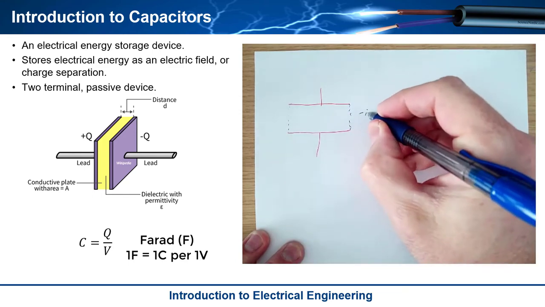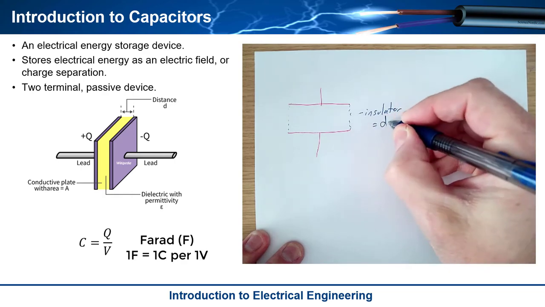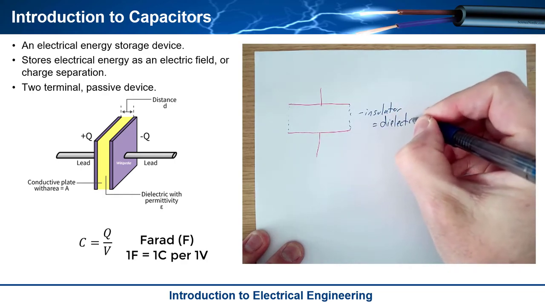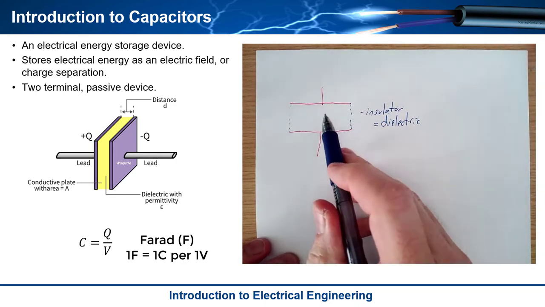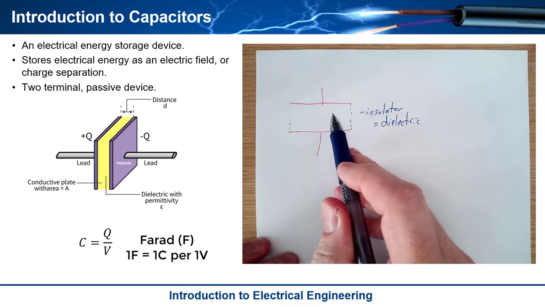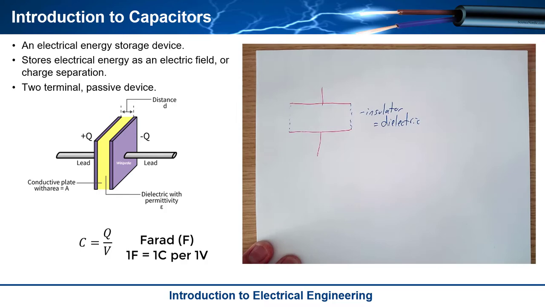We call it a dielectric, because it is an insulator, but it has a property that allows it to essentially hang on to the charge depending on what's on this plate. Let's take a look at how it does that.